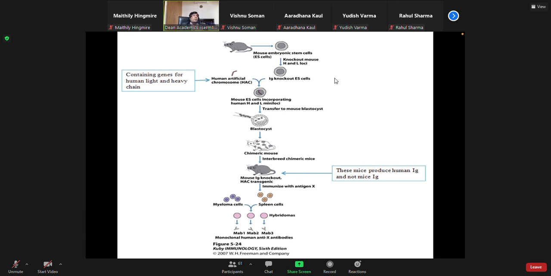The other problem that could happen with this mouse is, because this is a wild type mouse, it has all these RAGs and other molecules which are required for rearrangement of the endogenous loci, right? If you do not interbreed these animals on a RAG deficient background, the cells that you might end up getting will produce antibody of human origin, but also of mouse origin.